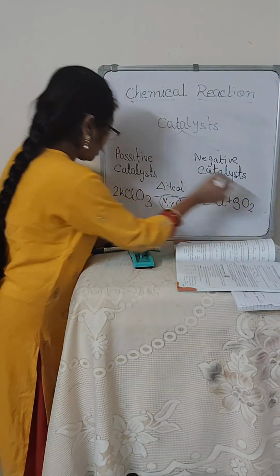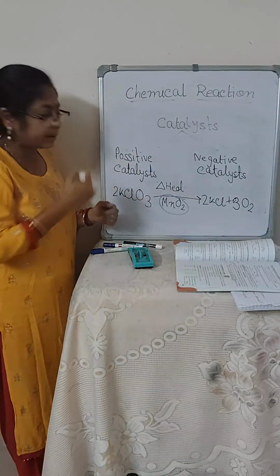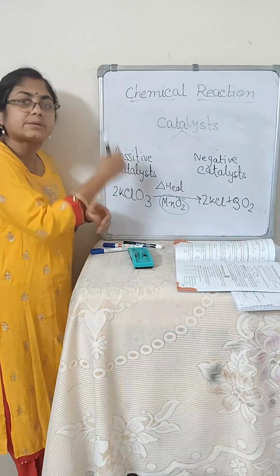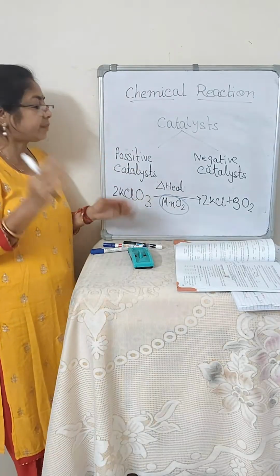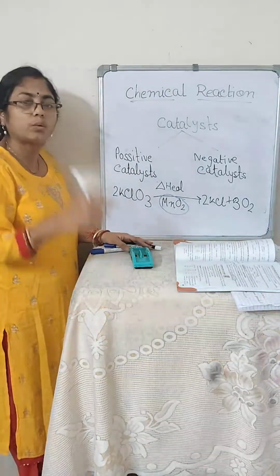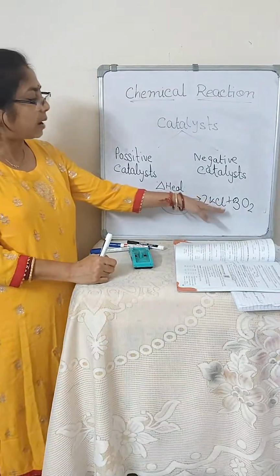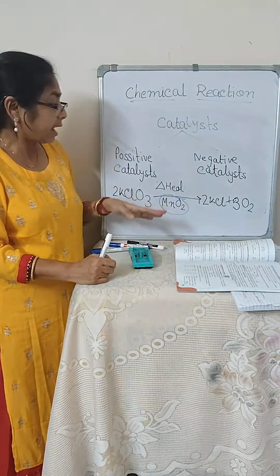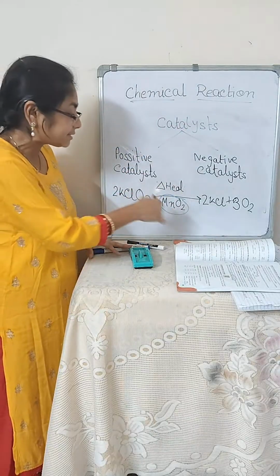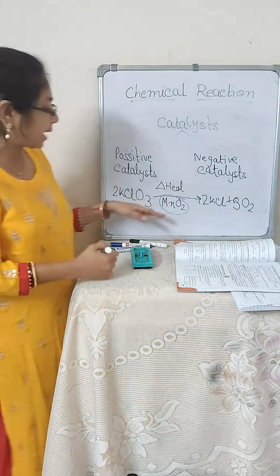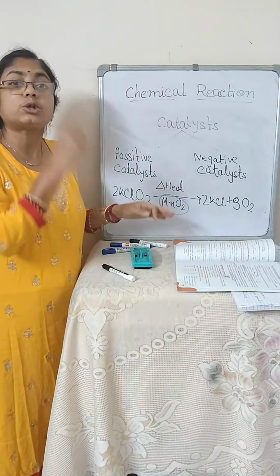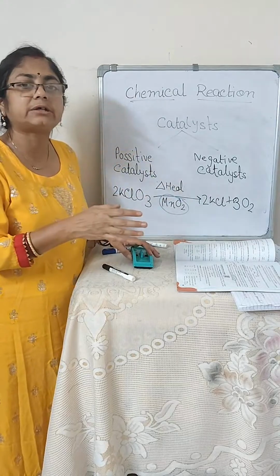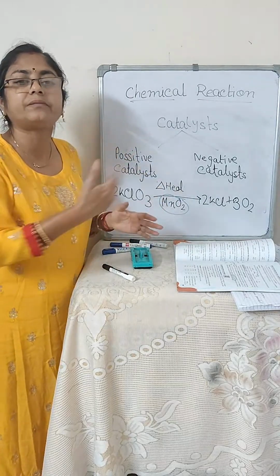Look, potassium chlorate is a compound. In a decomposition reaction, it breaks down and prepares two things: one compound and oxygen, one is a compound and one is an element. And in that case, what is the role of manganese oxide? It does not start the reaction, does not stop the reaction. It increases the speed of the reaction.